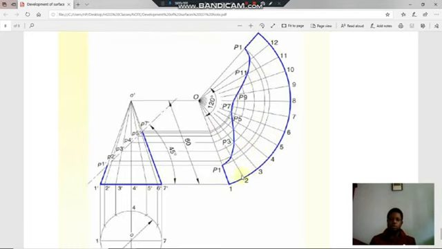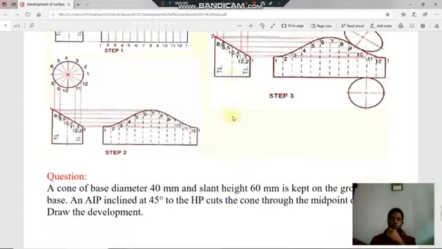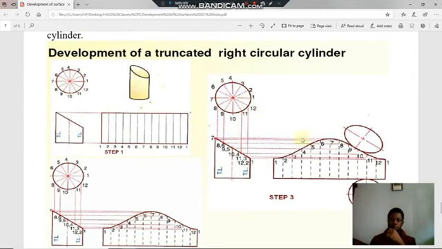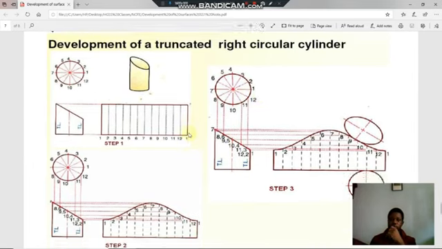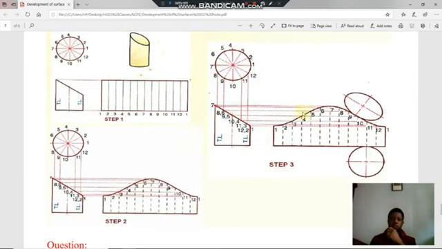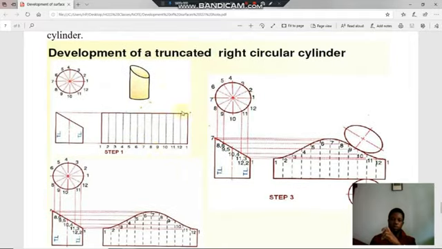Okay, so use this and the video, and you'll be able to work on this, and also on something like this. This is similar. Okay, this is similar, so I'm not going to do anything on a cylinder, truncated cylinder. It's similar to what we have there.